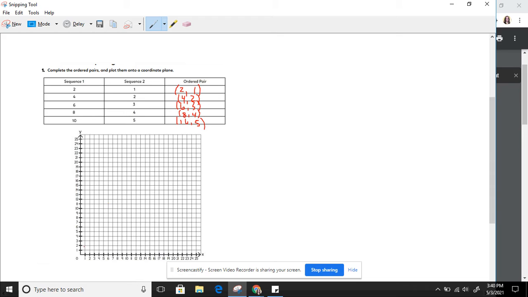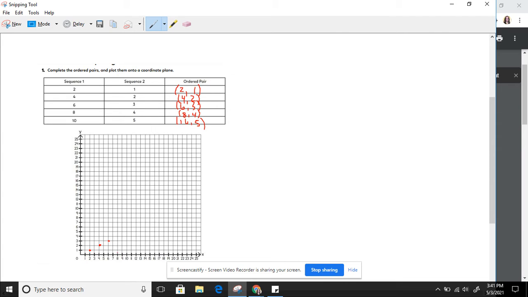So first we crawl, then we walk. So 2, 1. First I crawl to 2, then I go up to 1. And I've got 4, 2. First I crawl to 4, go up 2. 6, 3. First I crawl to 6, then walk up to 3. 8, 4.